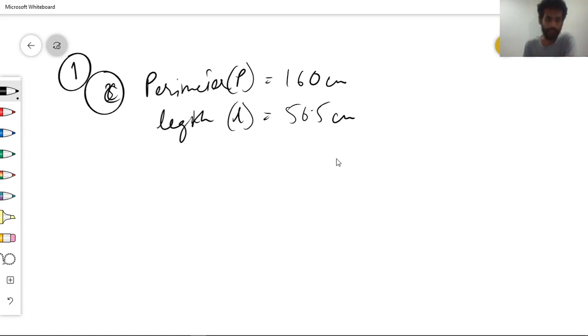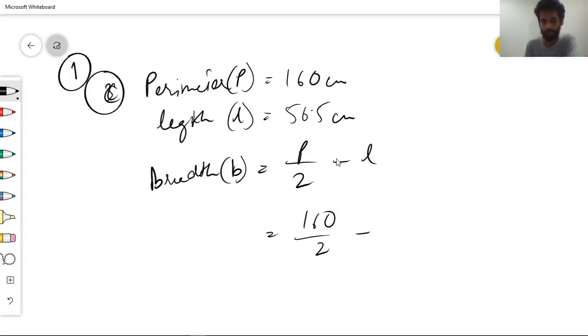Then breadth B is equal to P divided by 2 minus L. So P is 160 divided by 2 minus 56.5. It will be 80 minus 56.5. So it will be 5.